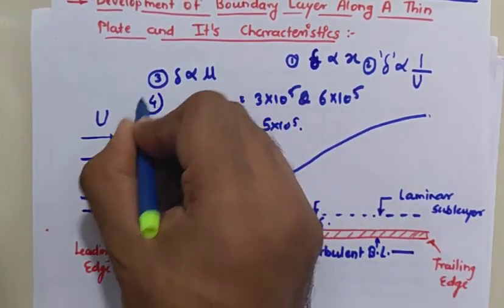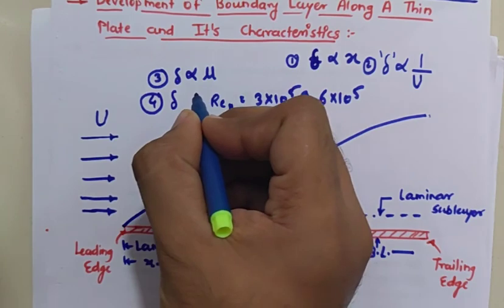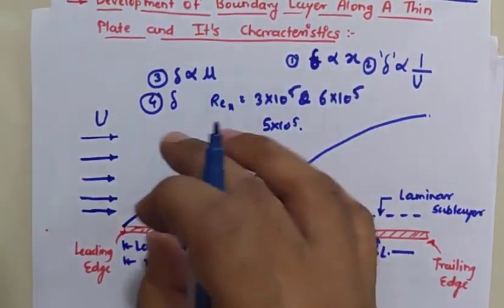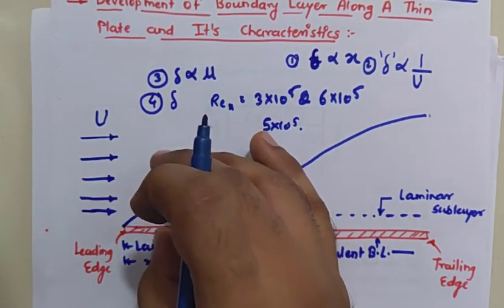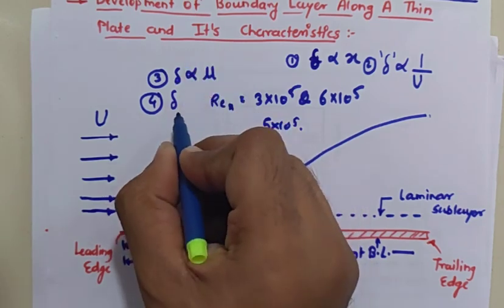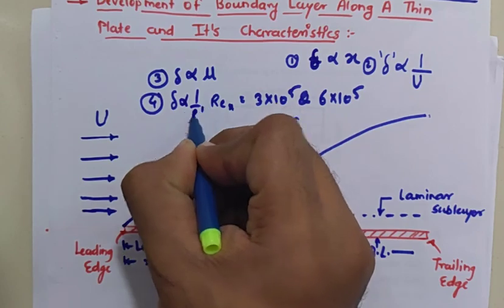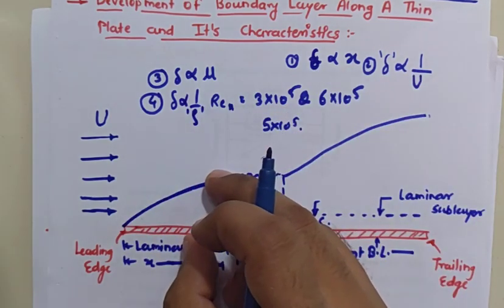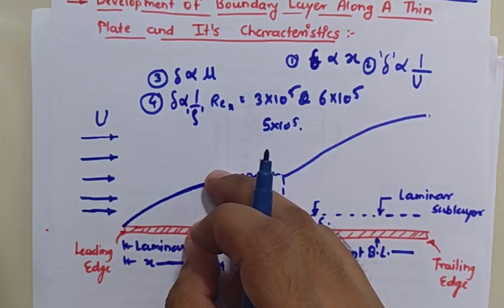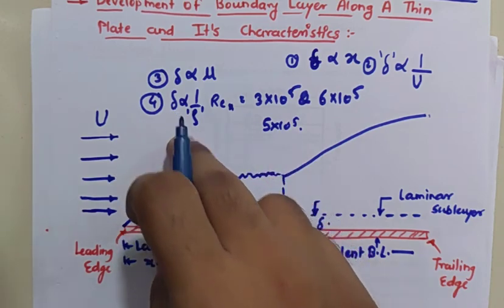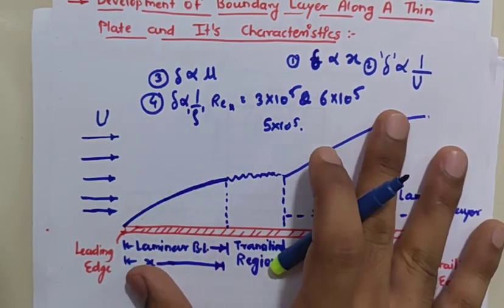And fourth parameter is, it also depends upon density of fluid. So how dense the fluid is, based on that, the boundary layer is inversely proportional to that. It varies inversely with density. For lower density fluid, thickness is more, and vice versa.